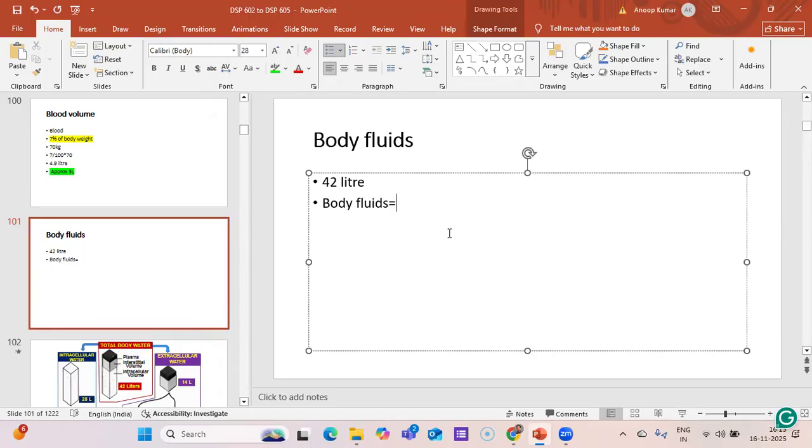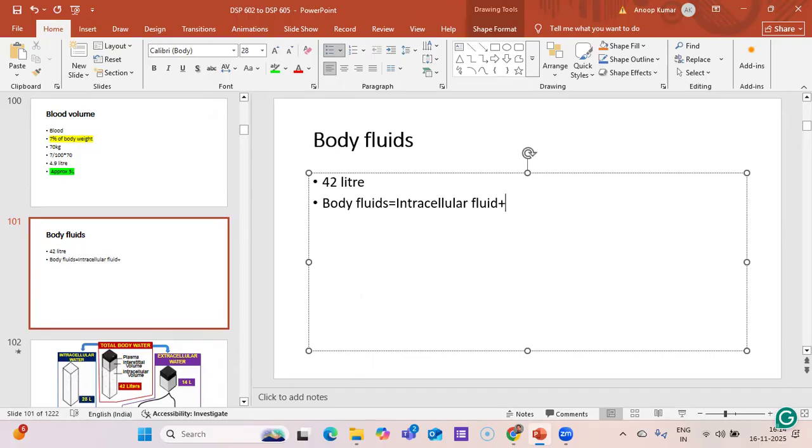There is a fluid which is inside the cells, and there is a fluid which is outside the cells, right? The fluid which is present inside the cells, we call intracellular fluid.